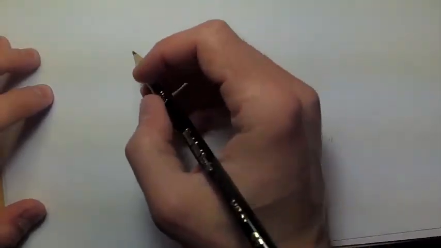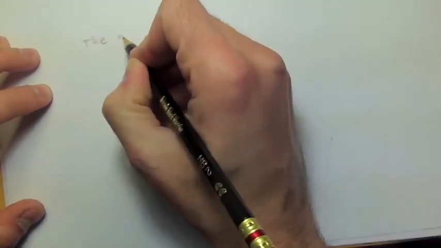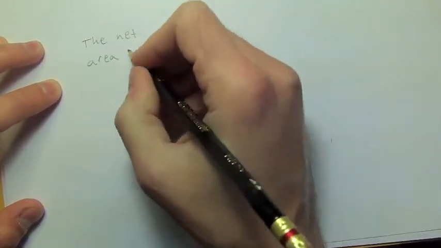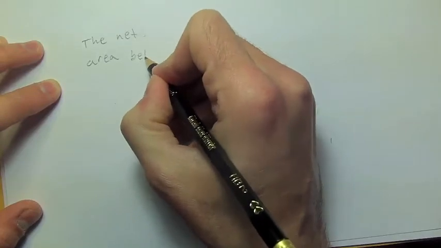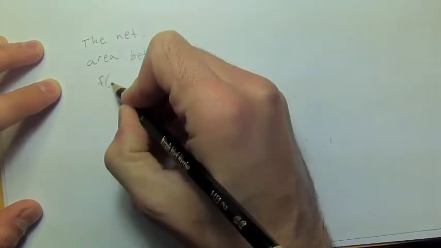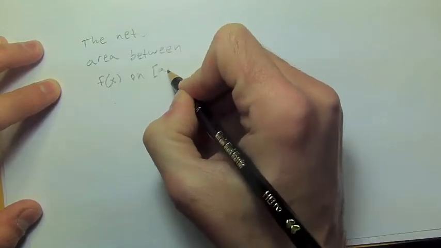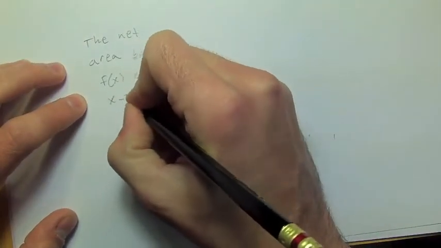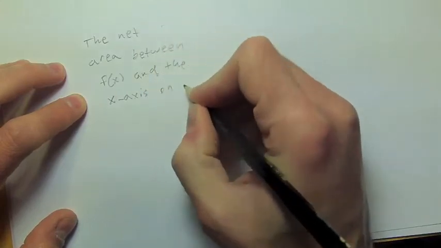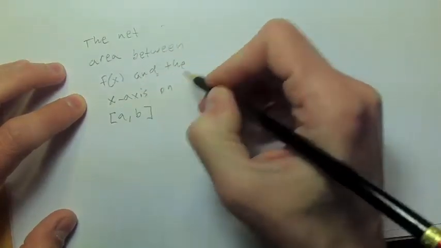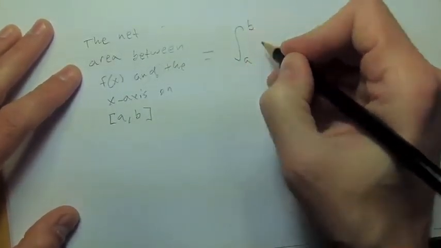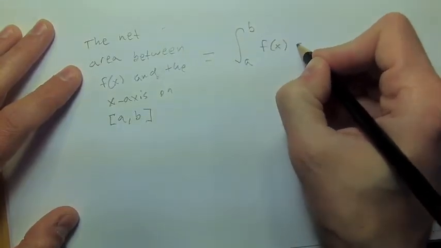Okay, so what we have is the net area between f of x and the x-axis on the interval a to b, oops, sorry, between f of x and the x-axis on the interval a to b, is the definite integral, that's what we call it, from a to b, f of x dx.